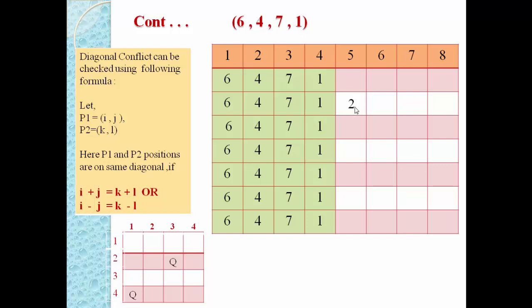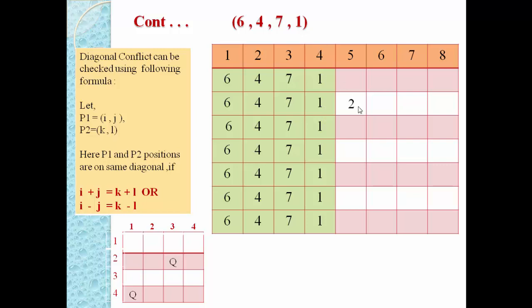So we can place our queen here, but as we discussed, we need to check this condition. Both queens must not be on the same diagonal, and we can check that by using this equation. So 5 plus 2 is equal to 7. We need to check whether any queen out of these 4 has addition of row and column equal to 7.